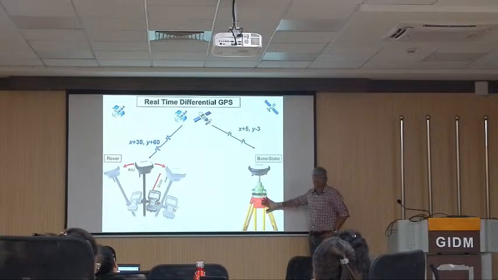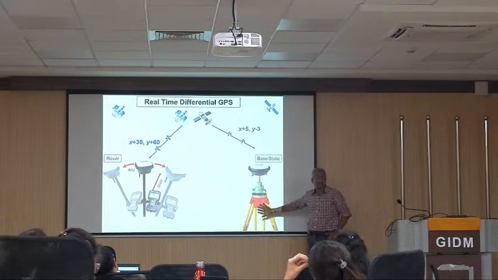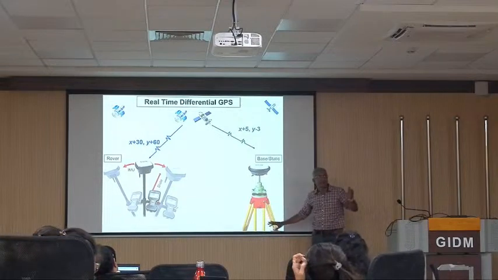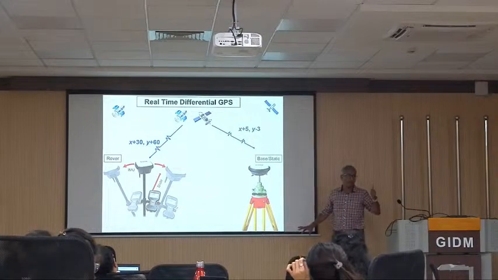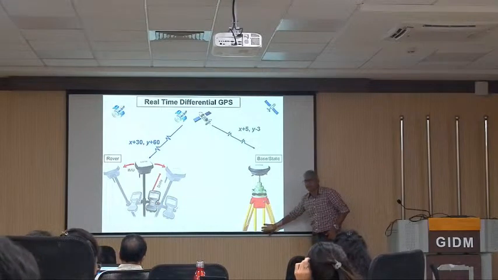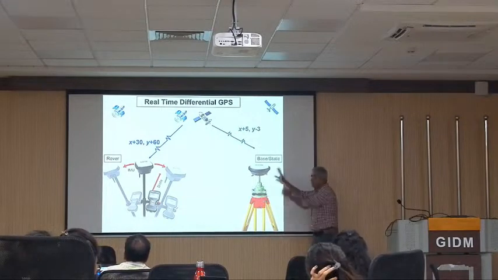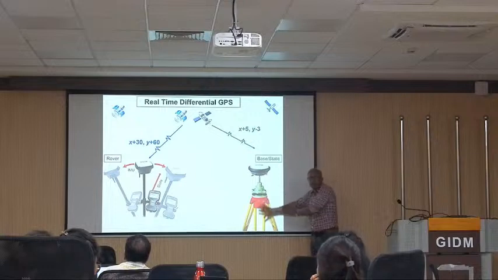Now, we have a base station installed somewhere. This place, as I told you earlier, needs to have a precise coordinate. Either we have taken this point from Survey of India, or we have done a static survey of the base station for 2-3 days and got a precise coordinate.